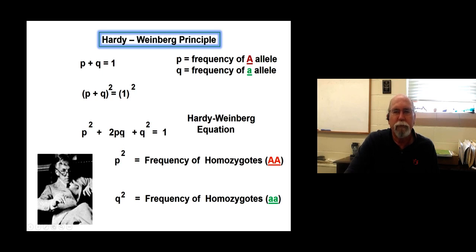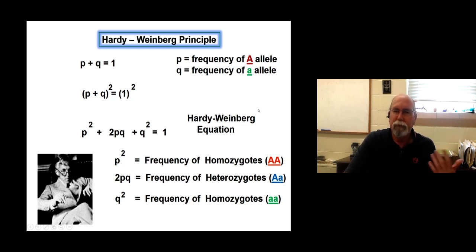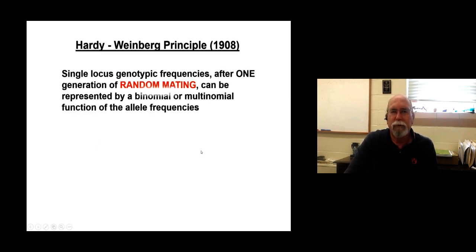And then, of course, 2 times p times q is the frequency of the heterozygotes in the population. So you've got the 2 homozygotes covered, and you've got the number of heterozygotes. And with 2 alleles, you're only going to have 1 heterozygous type, right? Big A, little a. With 3 alleles, you might have more, but it doesn't matter for us, okay? All right.